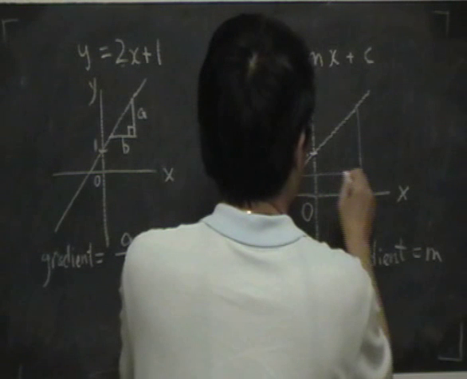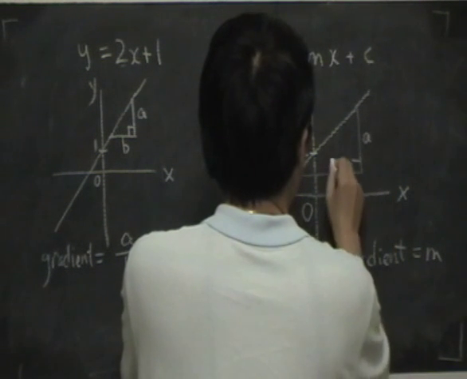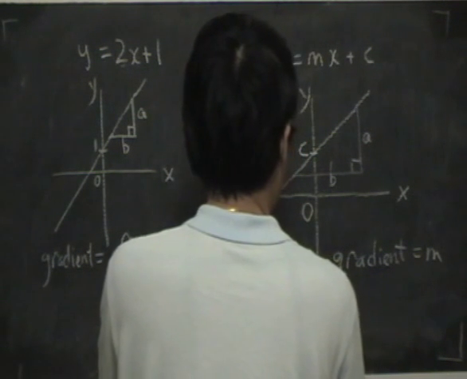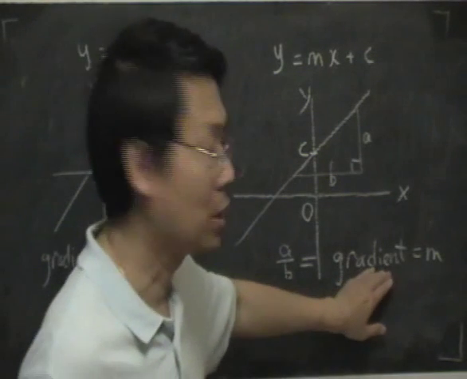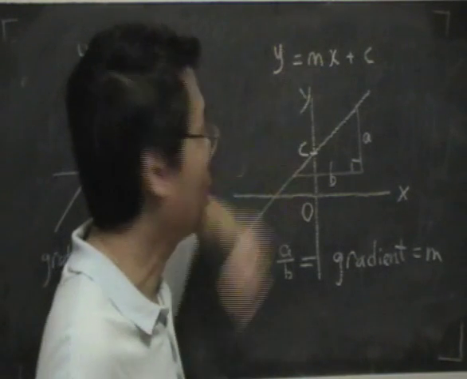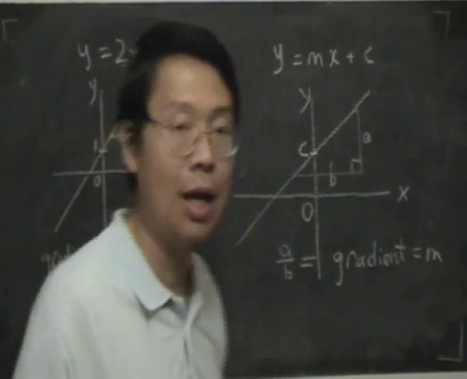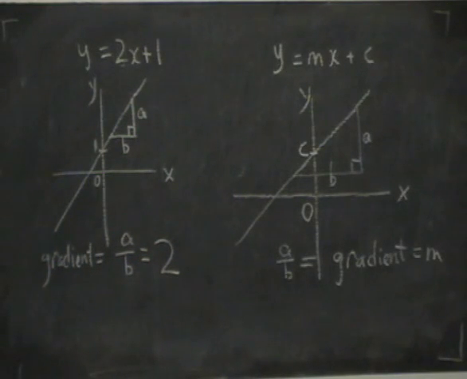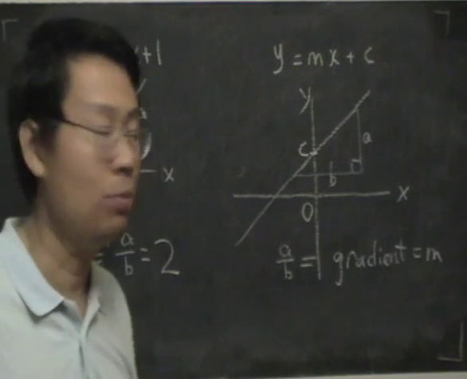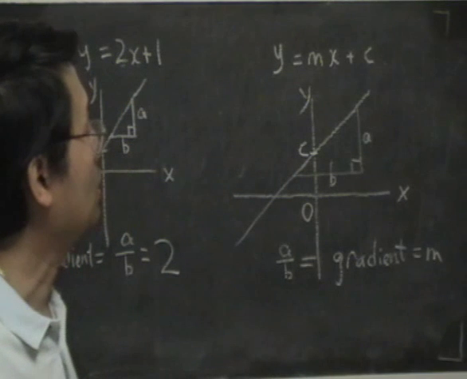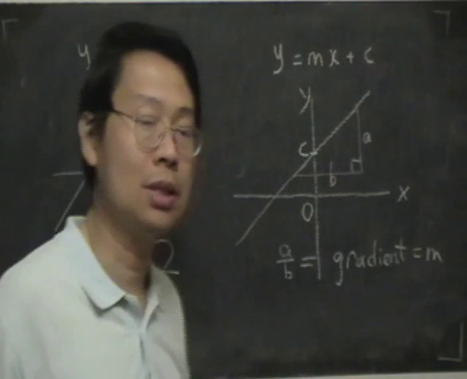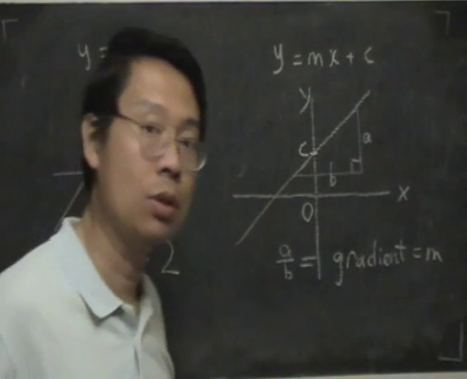So let's say that's A and that's B. The vertical over the horizontal, which is the gradient, must be equal to the number in the place of m. Okay, so we have just written this equation in a rather symbolic form, or general form, as we often call it. So remember, when you see this equation, it just means that m and c represent some numbers and the graph would look like that.